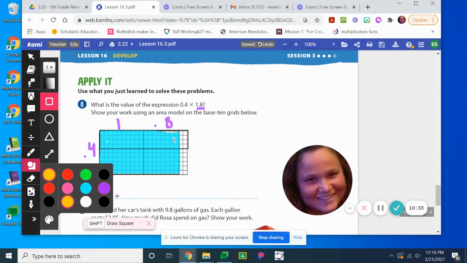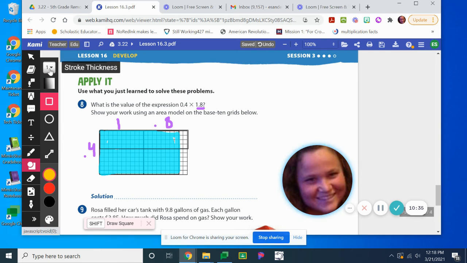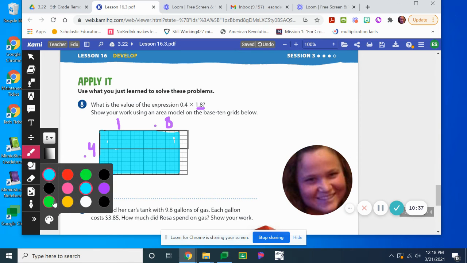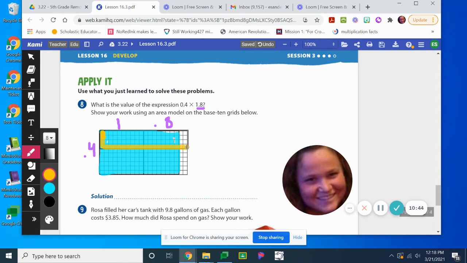So I'm going to shade that with yellow. So what you guys will notice is that there's this green color because it's double shaded.